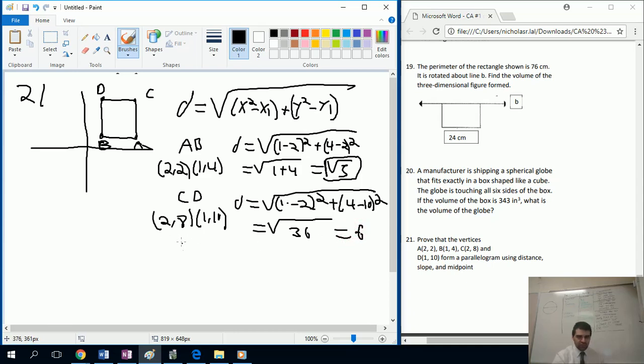Now, DB, it's going to be (1, 10) and (1, 4). So the distance is going to be equal to the square root of, oh man, sorry. I was asleep at the wheel here. This should be 10 minus 8 squared.